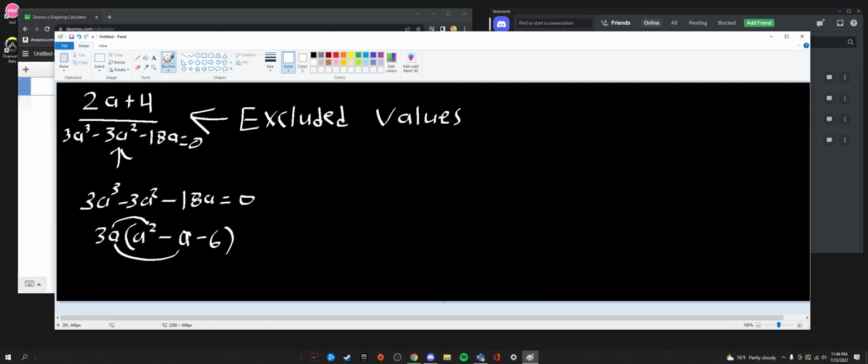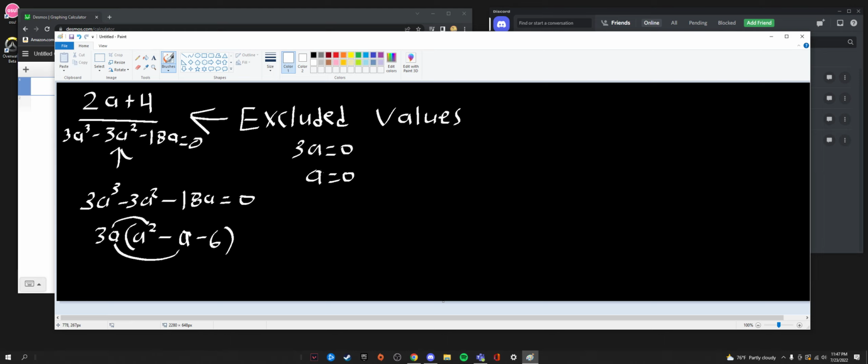We can bring it to the outside and set that equal to 0 to find our three roots of our function. That's what I'm going to be doing. We're not going to factor again because I don't like factoring. We're going to set 3a equal to 0, and of course that just leads to a equals 0. So we found one excluded value.